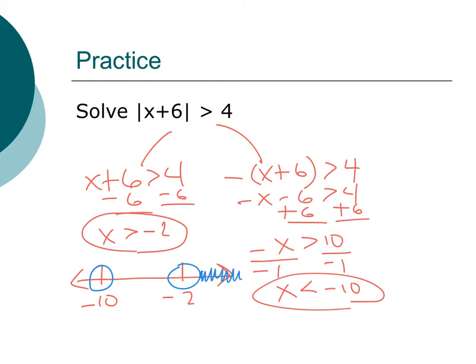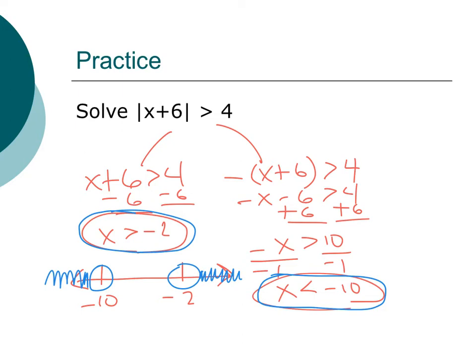And I want to be less than -10. So there is a graphical way, on my number line, to express my solution. The other way to express this then is through the two inequalities. We can't write a compound inequality because these don't overlap. So both of these would be my solutions.